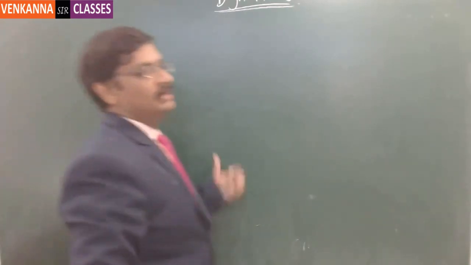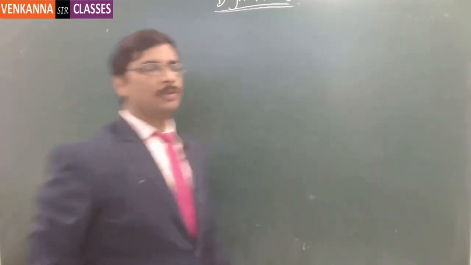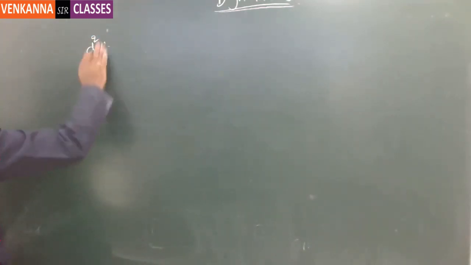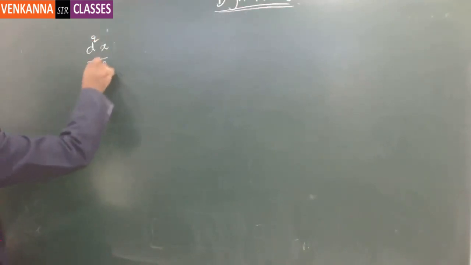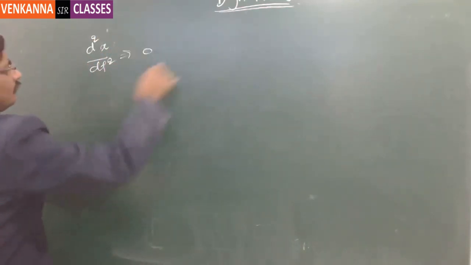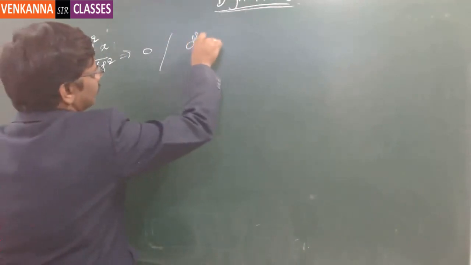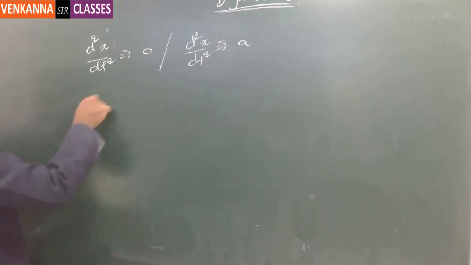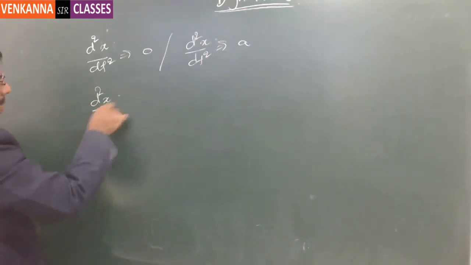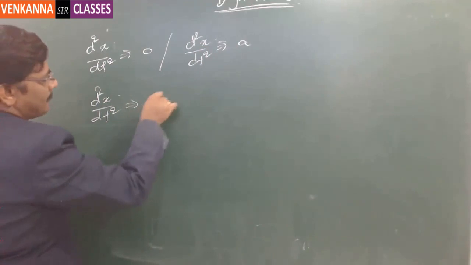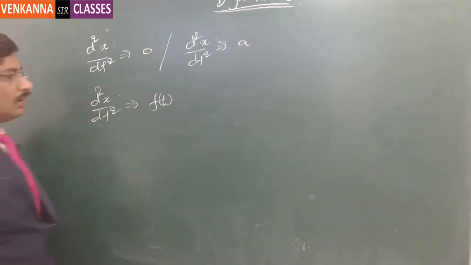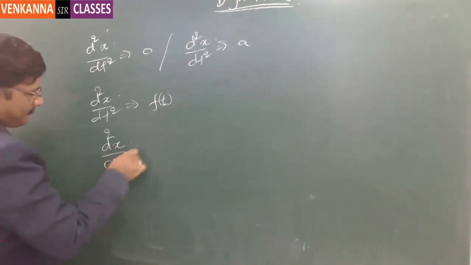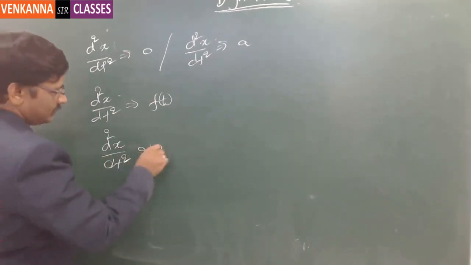So to handle this particular topic, we have to be aware of only a few different differential equations, that is d square x by dt square is equal to 0, or d square x by dt square equal to some constant a, or d square x by dt square may be a function of time, or d square x by dt square is proportional to x.